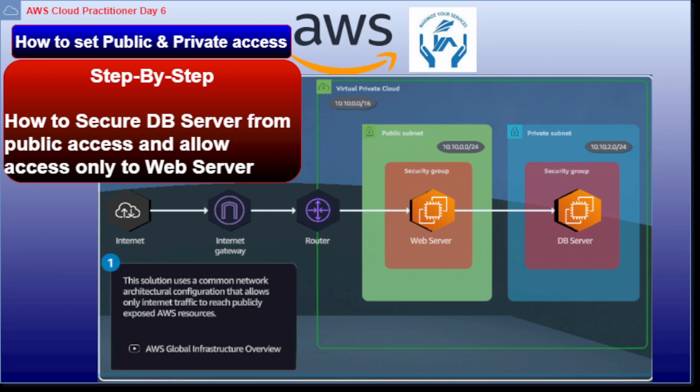As you know, every account by default has a virtual private cloud, which is virtually available, and we can use this private cloud for further deploying, accessing, and configuring our required services.